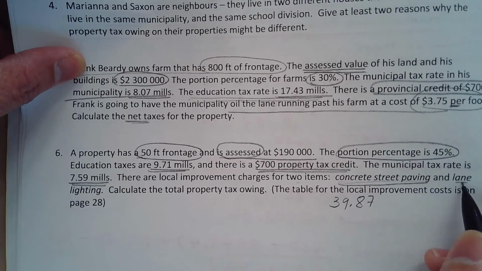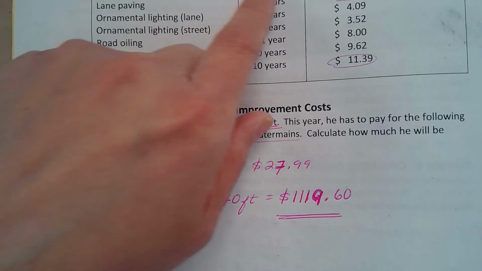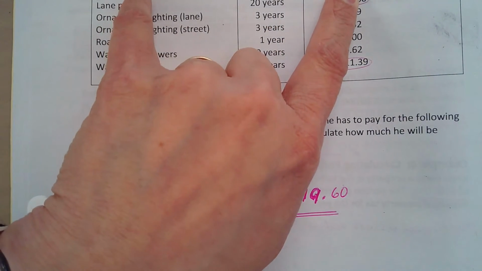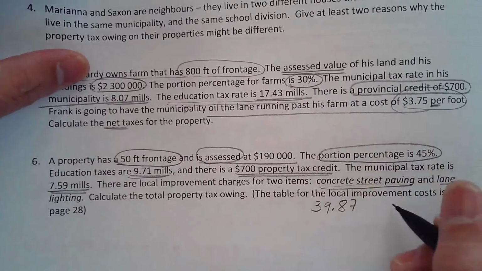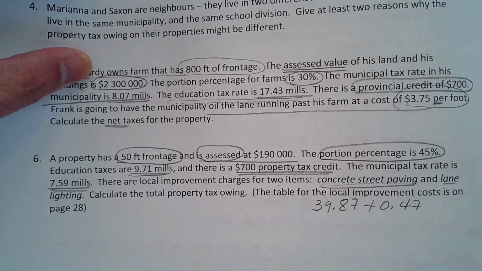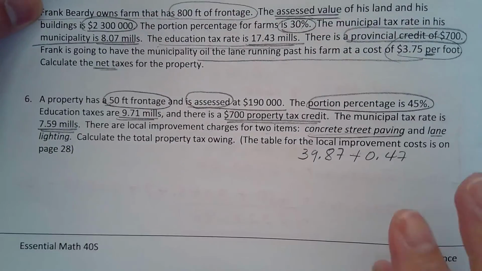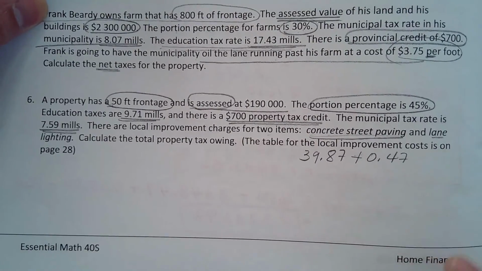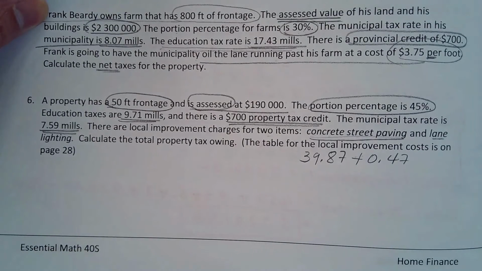And then we have to do the lane lighting. It's gonna cost us 47 cents, so 0.47. Oh, that's not too bad. Okay, so those are the 2 local improvements, and because they didn't give it to us, we had to figure out what those values are. So let's put it all together.